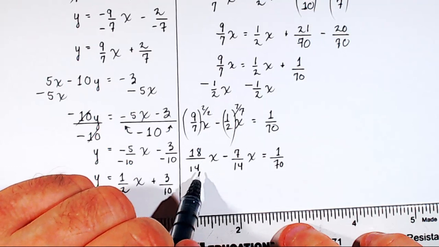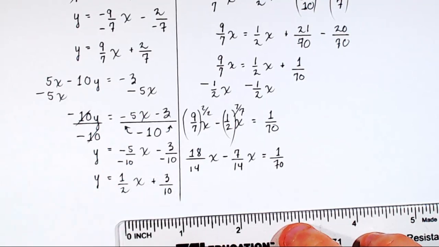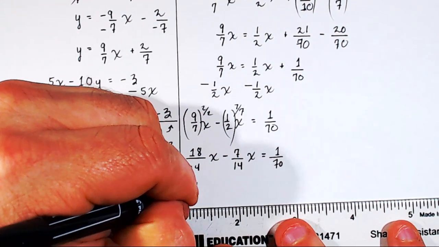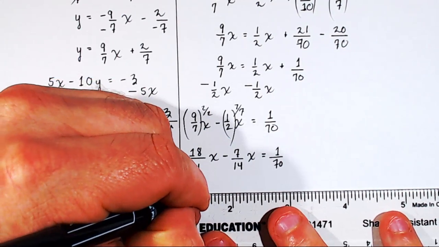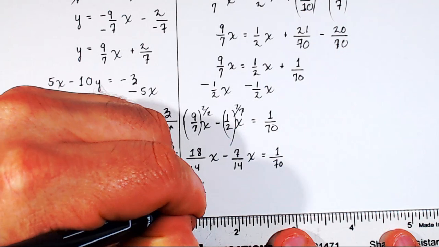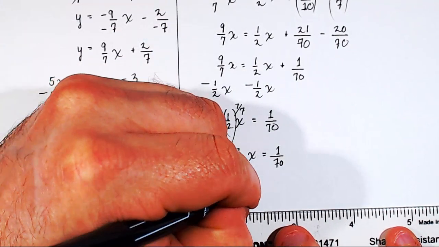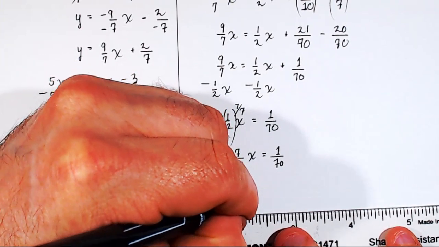So now that we have common denominators for our x coefficients, we can just subtract 7 from 18. So 18 minus 7 is 11. So that leaves me with 11/14 x equals 1/70.